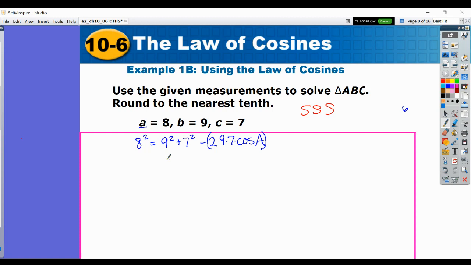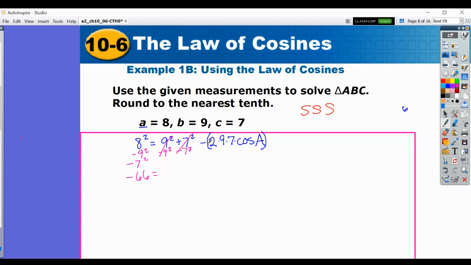All right, so if I was trying to solve this for A, it's all tangled up inside this stuff, and then we've got this 9 squared and the 7 squared in the way over here. So I'm going to start with subtracting 9 squared and subtracting 7 squared over here. So what is 8 squared minus 9 squared minus 7 squared? A lot of times you're going to end up with a negative number over here. That's okay. The other thing I like to do is multiply these together.